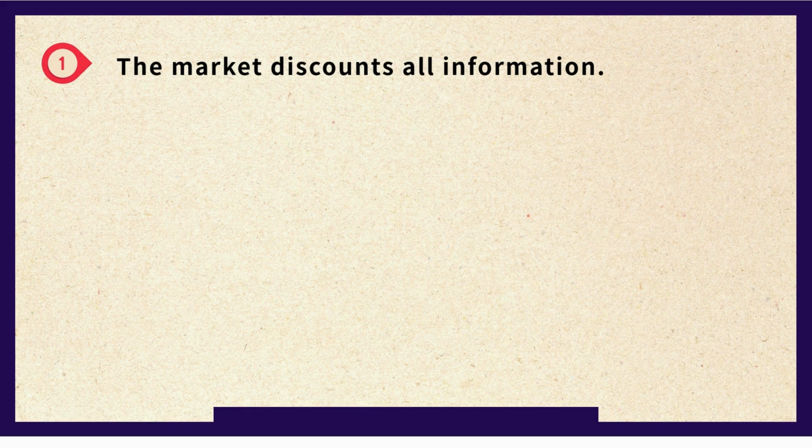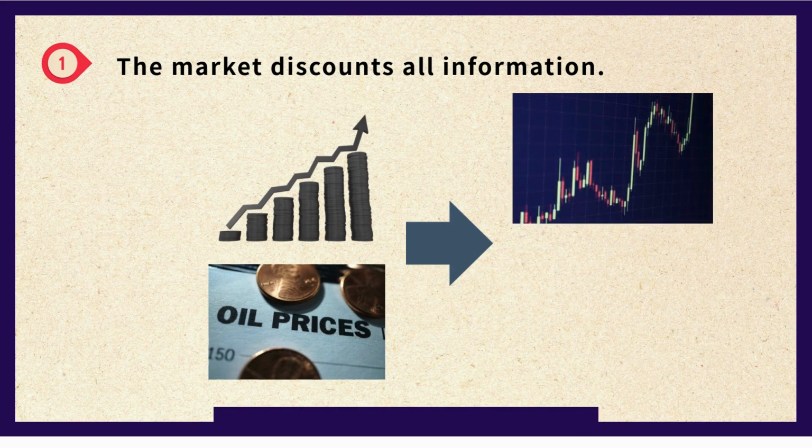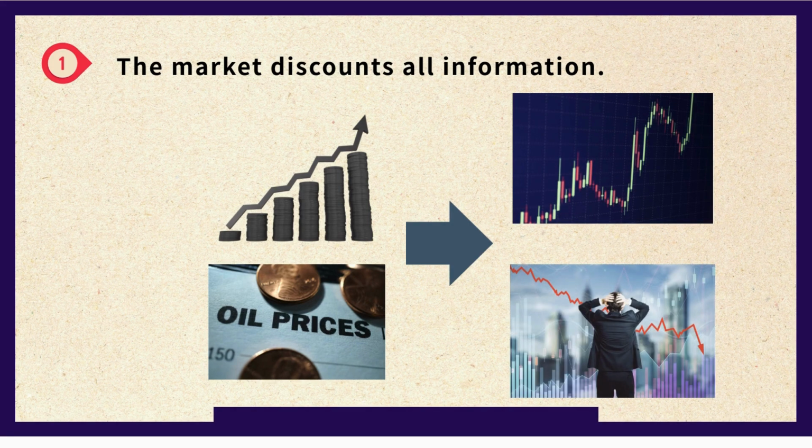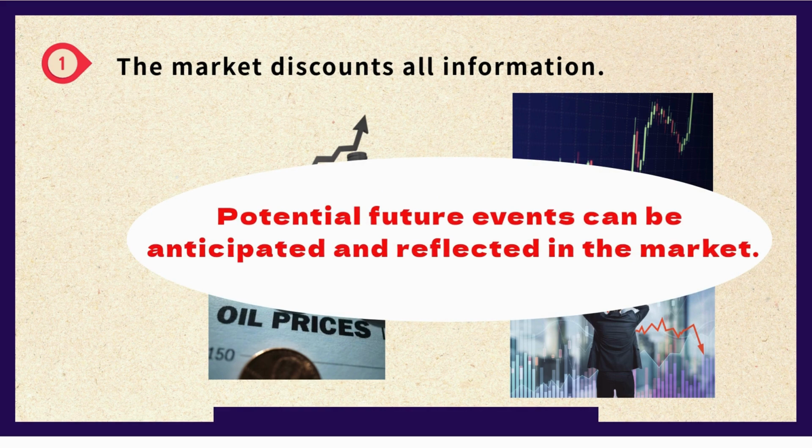Additionally, when unexpected events occur, the market reacts quickly to incorporate them. For example, if geopolitical risks rise in the Middle East and oil prices spike, energy-related stocks may rise, and transportation stocks may fall, impacting the entire market. What's important here is that even potential future events can be anticipated and reflected in the market.